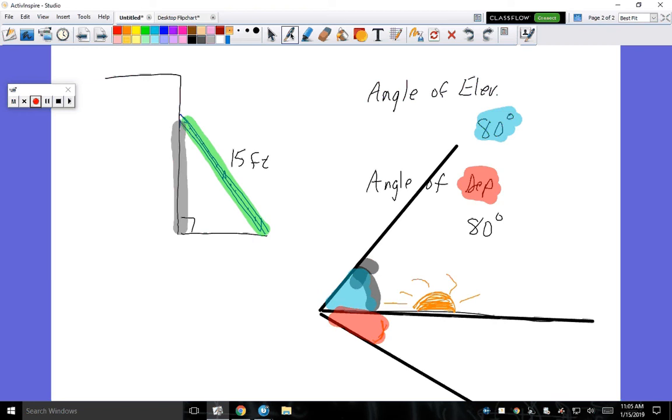Let's say the angle of depression was 20 degrees. Then this would be 20 degrees. Just because it's depressed doesn't mean it's negative 20 degrees. We're going to say it's 20 degrees. And this right here in blue, we're going to say is 80 degrees.